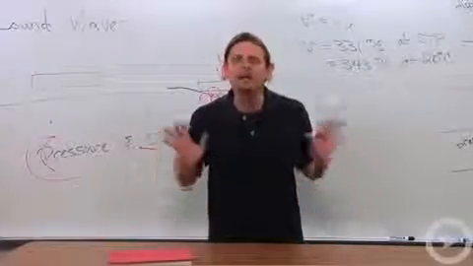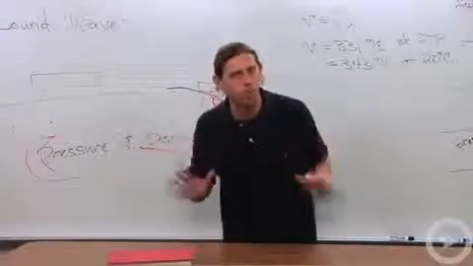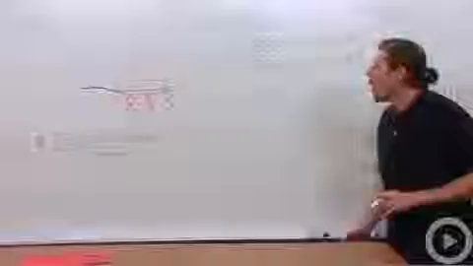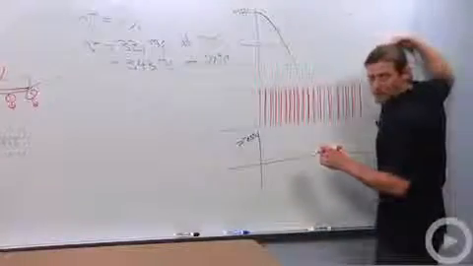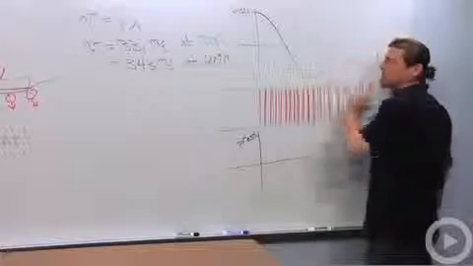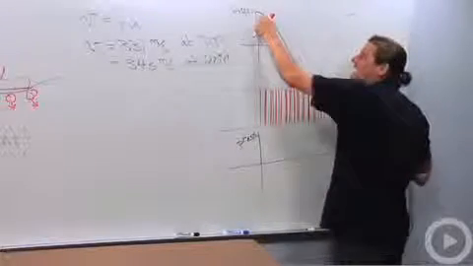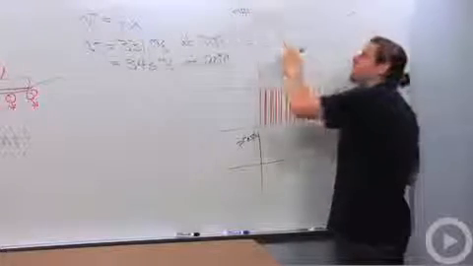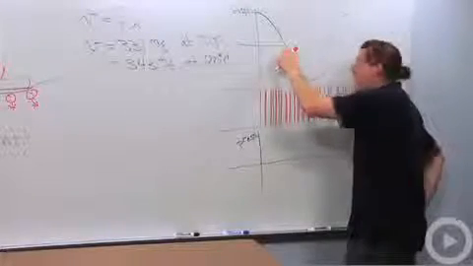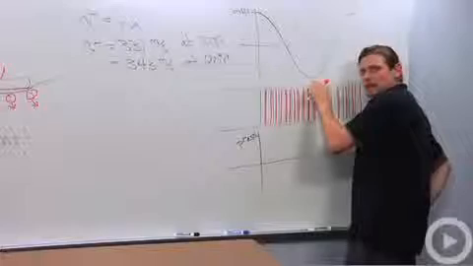All right, now let's see a little bit more clearly how this works. What I've got here is my displacement wave plotted as a function of position. Here the displacement is maximum positive, here the displacement is 0, and here the displacement is maximum negative.